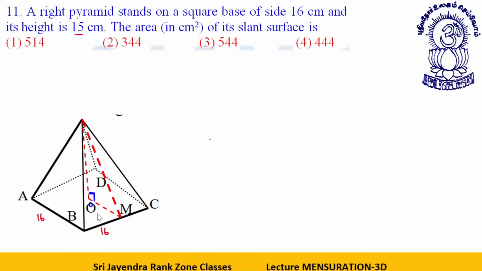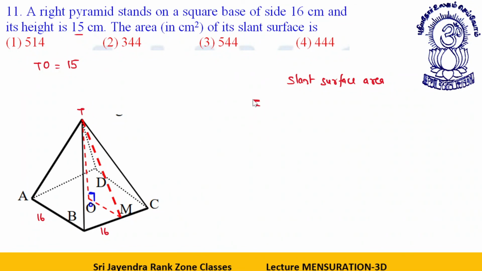And its height is 15. Let's say this point is T. We have TO, and TO is equal to 15. We have to find the slant surface area.